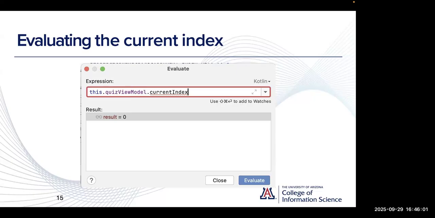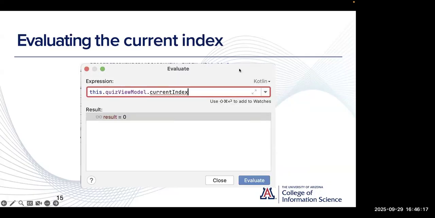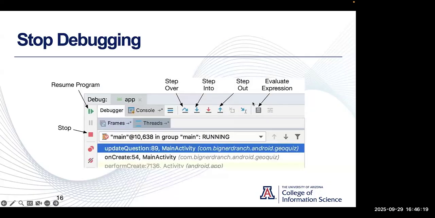But you could have results like 0 throwing no errors, or a result, for example, true or false, a boolean. Now, to get here, we just click on evaluate expression. That's the icon. And to stop debugging, we just press that stop button.